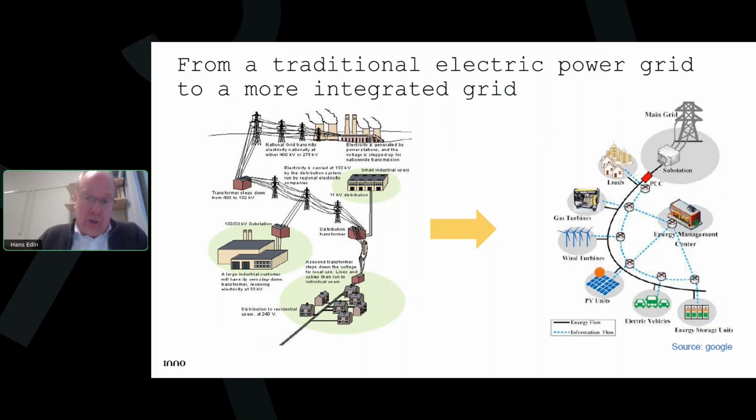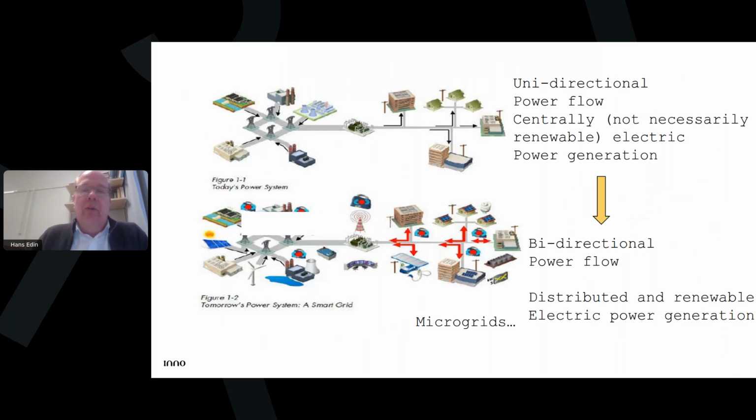And we have many new facilities to control the power system due to advanced communication, data handling, AI, and so on. So this is a highly evolving field, which is changing the infrastructure of electric power over the world. For example, one can see that the power system is changing from a unidirectional power flow to a bidirectional power flow, because nowadays we can have power generation anywhere and not only in large power plants at the top of the system.